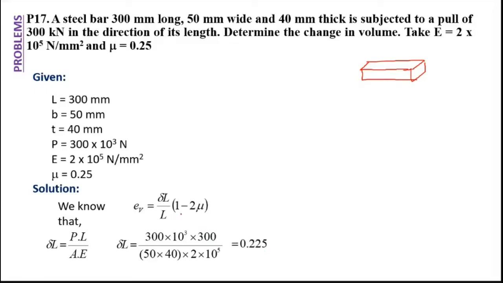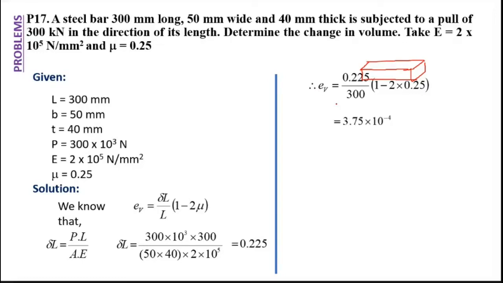Okay, now let us identify what is my volumetric strain. So volumetric strain will be 0.225 divided by original length, which is 300, into 1 minus 2 into 0.25. While 0.25 is your Poisson's ratio. If you apply and solve, you will get what is my volumetric strain.